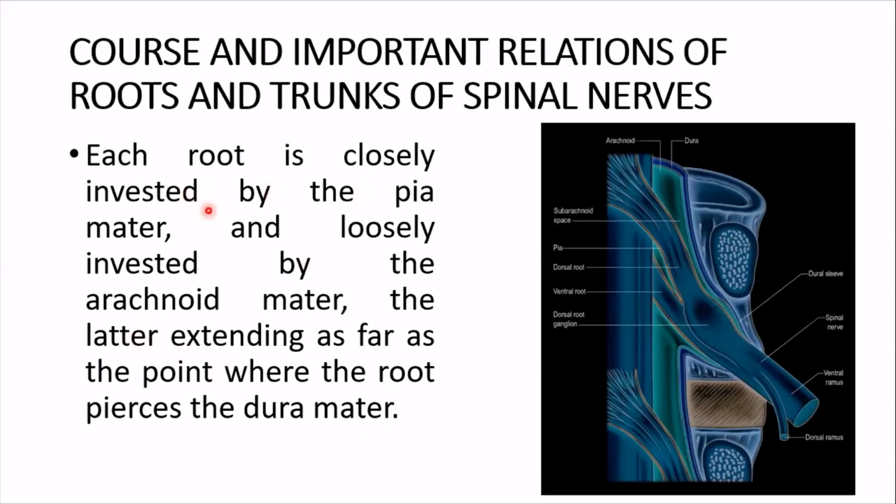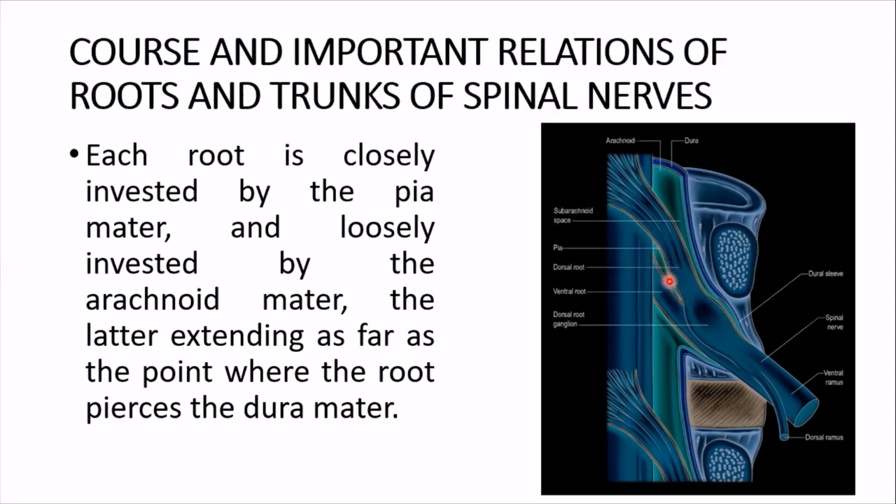Each root is closely invested by the pia mater and loosely invested by the arachnoid mater, the latter extending as far as the point where the root pierces the dura mater. You could see this is the pia mater, which closely invests each root, the ventral and the dorsal root.